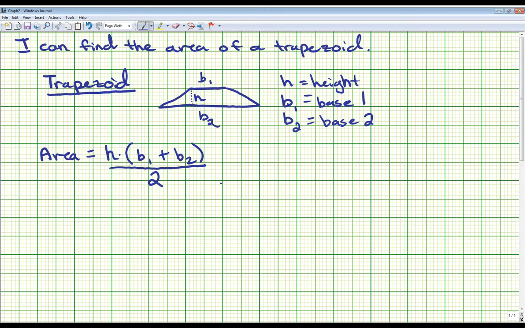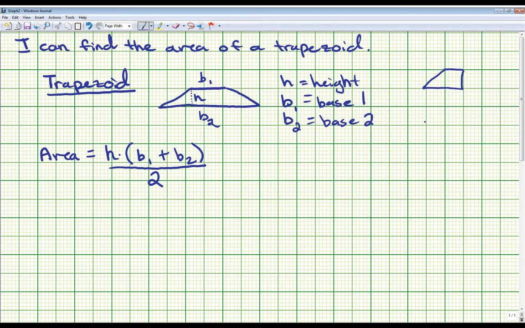So we're going to practice doing that. One more thing on the side up here, there's some other types of trapezoids you might see. One might look a little like this, where the top base and the bottom base are still different from each other, and you've got this slanted side, but instead of having this be slanted, it comes straight down. That's another type of trapezoid that we might see.